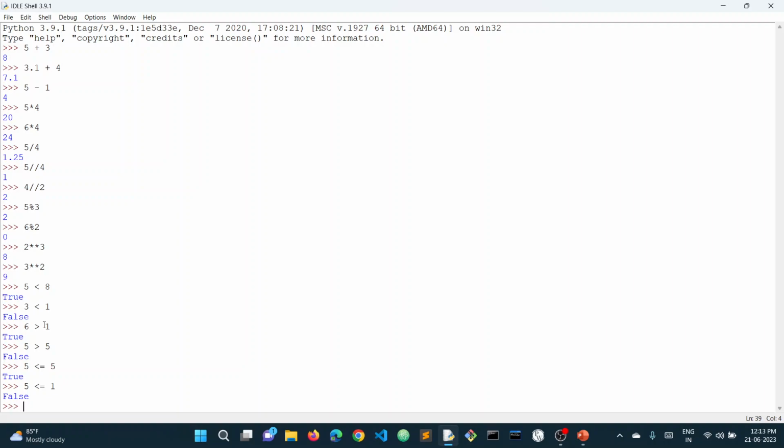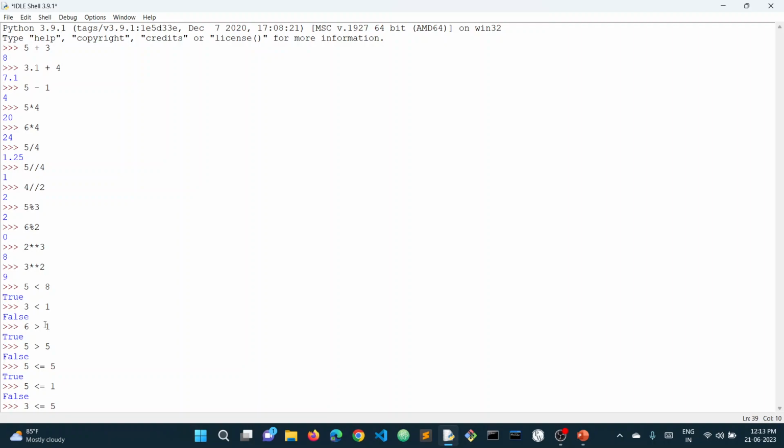Let us have another example for better understanding: 3 less than equal to 5. A lot of you have guessed it already that it will return true as 3 is less than 5, although it is not equal to 5. Let me repeat it again.